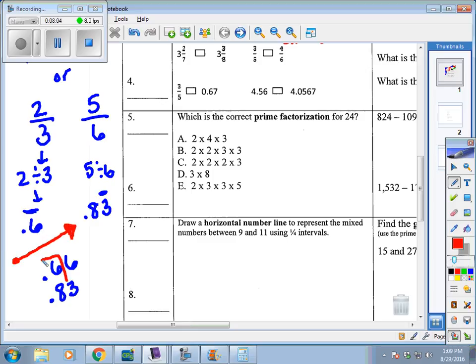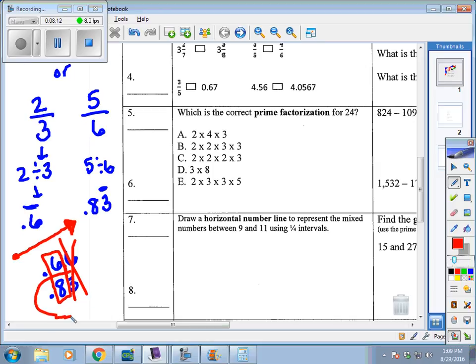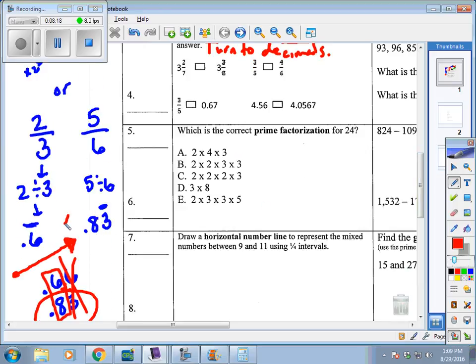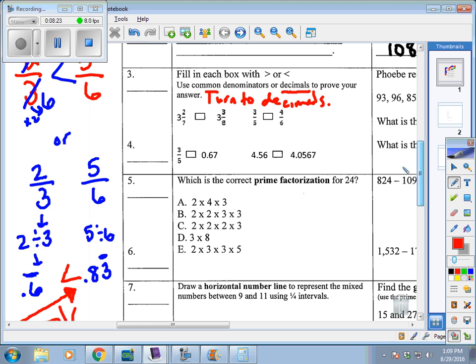So we start here in the tenths. If we find one that's bigger, it makes that whole number bigger. Because 8 is bigger, it doesn't matter about the rest. We know this must be the bigger number, just like we proved up here. 5/6 is bigger. We just proved again that 0.83 is bigger than 0.6 repeating. So we know that the answer would be the same no matter how you do it.